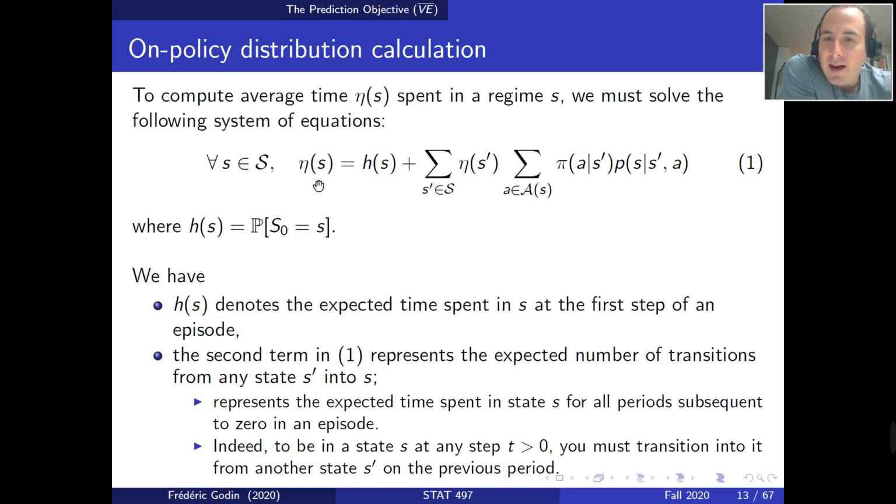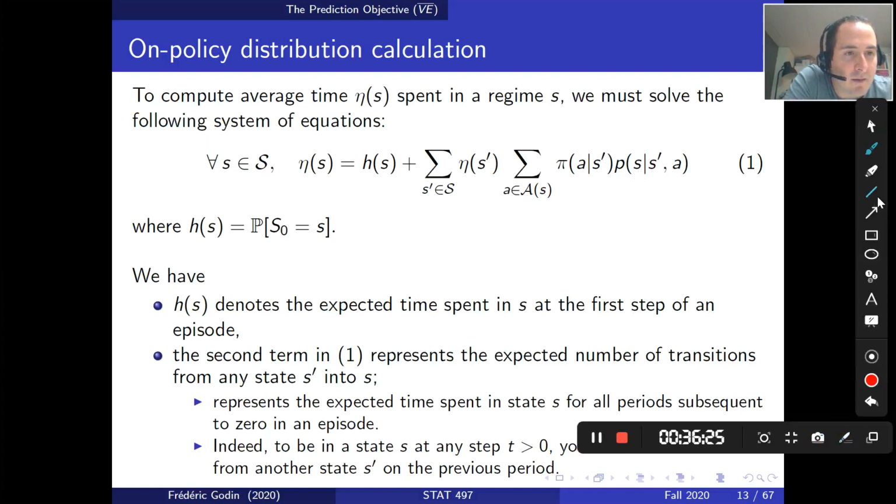Here eta S is h S. h S is simply the probability to be initially at time 0 in state S, plus the sum, across all states (this can include S), of the average time spent in state S prime, times the probability to transition from state S prime to state S. It's not obvious, so maybe I'll write it.